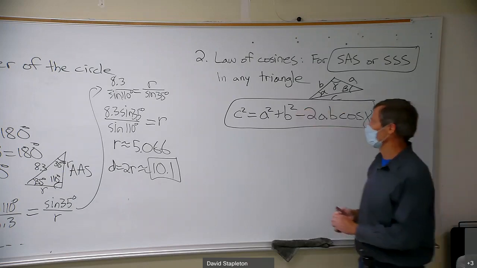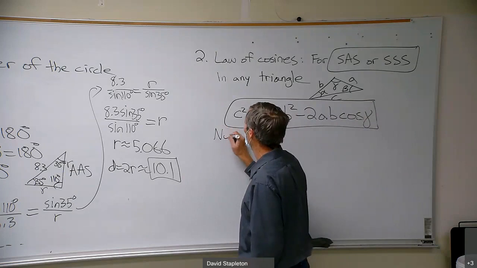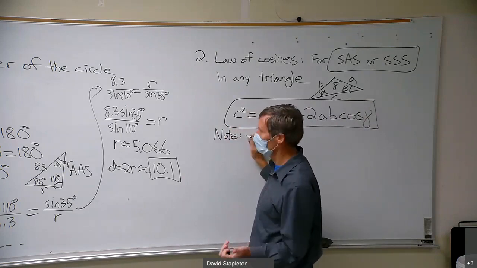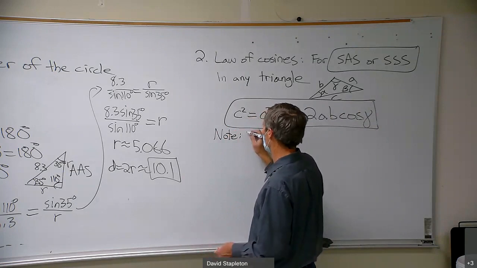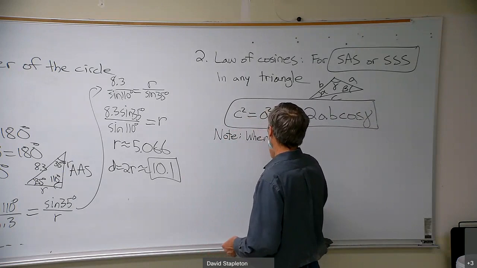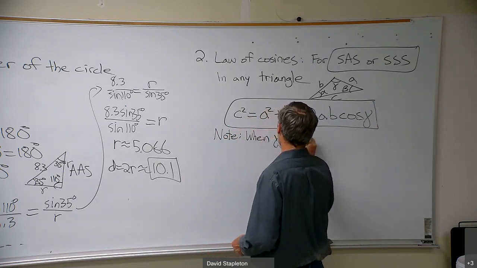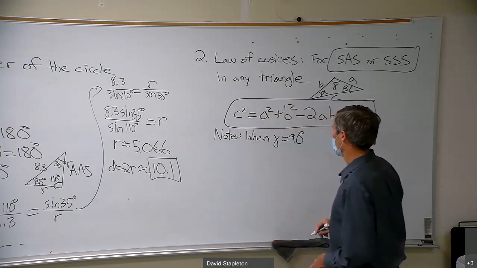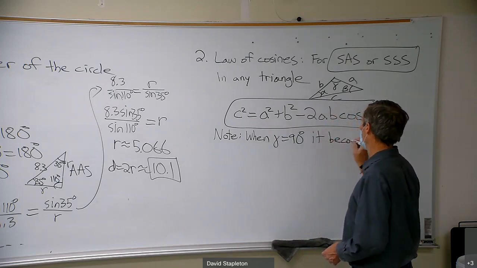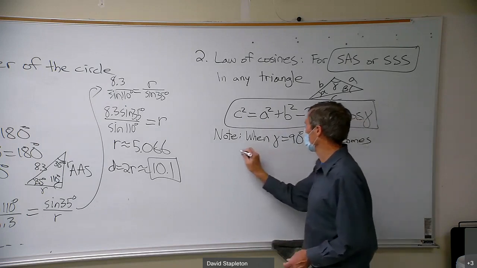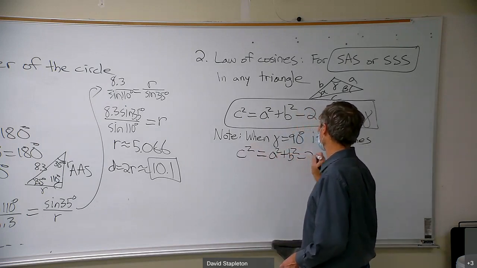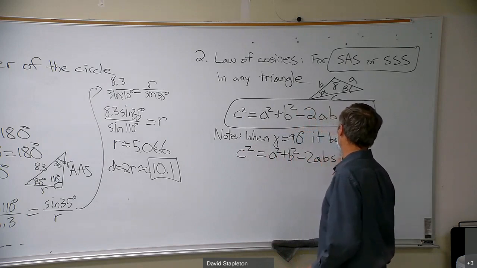I want to make the following note. When you have a right triangle, this still applies. You don't want to use it then because it takes longer than using right triangle trigonometry, but you can. When gamma equals 90 degrees, this becomes C squared equals A squared plus B squared minus 2AB cosine of 90.